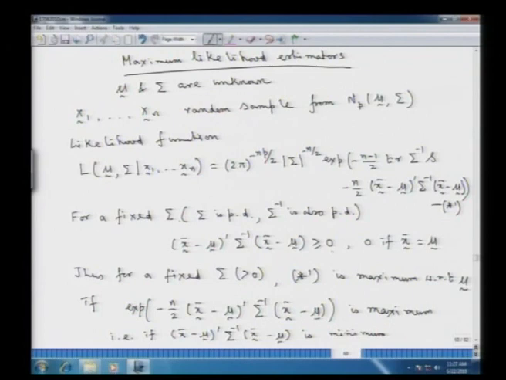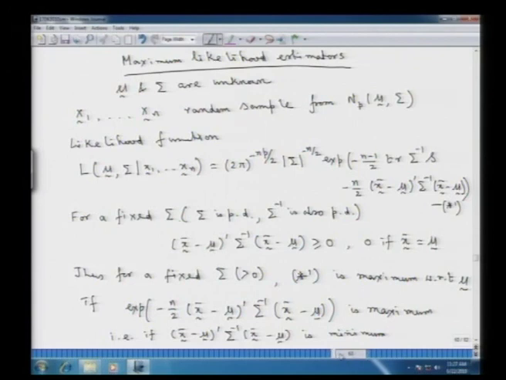So, this quantity is going to be minimized if we choose mu to be x bar. So, the x bar vector is the one that is going to minimize this quantity, and hence that is what is going to maximize this exponent part, and that would maximize the likelihood.